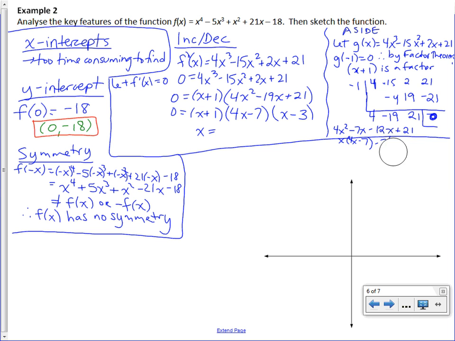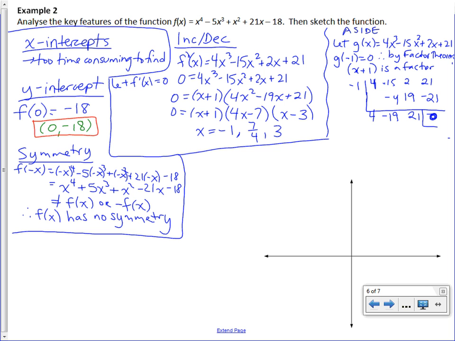What are the 3 numbers? -1, 7/4, and 3. Will you take off marks if they're not in order? No, but it's nice with them in order, because what are you about to do? You're about to make a chart, and you want them in order anyway.